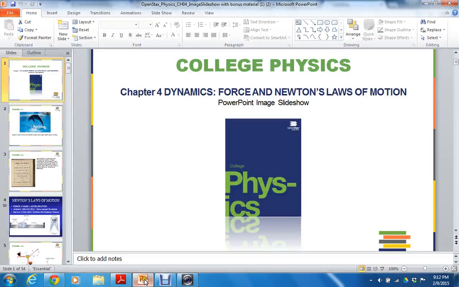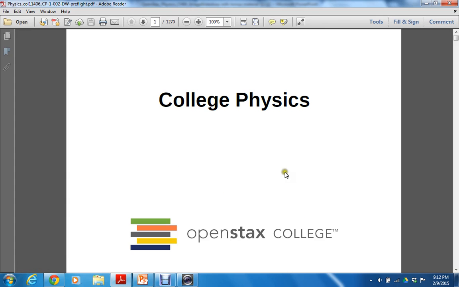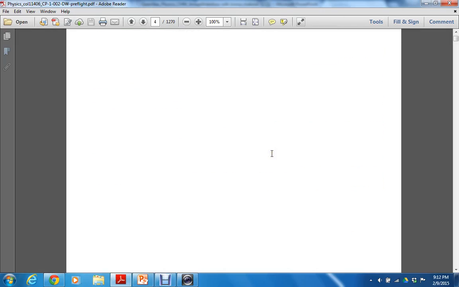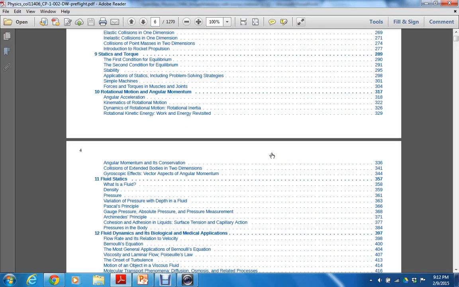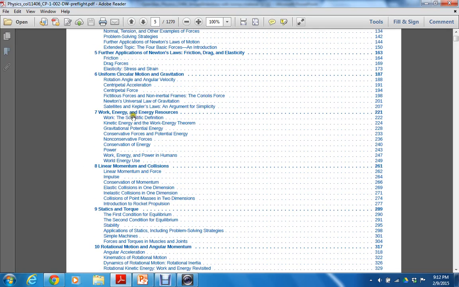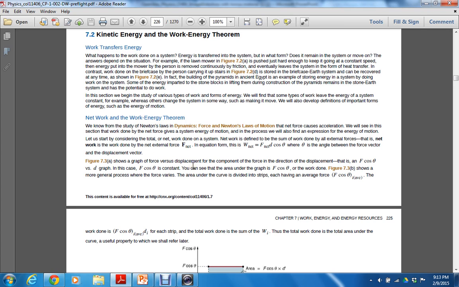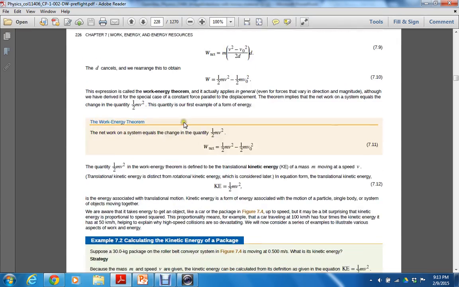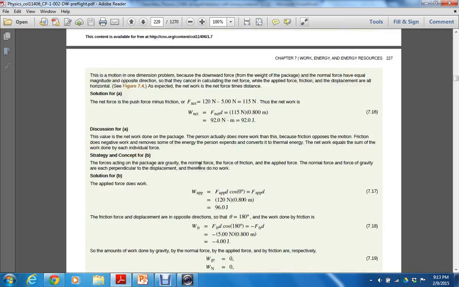I also have downloaded the book as a PDF on my computer, so I can go forward to the table of contents, and maybe now I'm interested in kinetic energy and the work energy theorem, and I can skip right to that section of the book and read up all about that and see what things I'm going to be using, and I can walk through some examples.